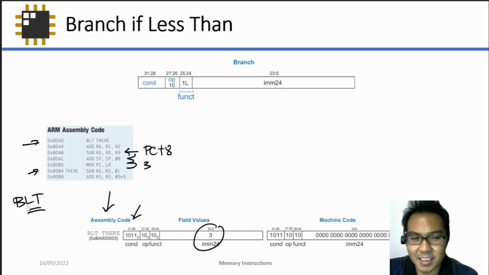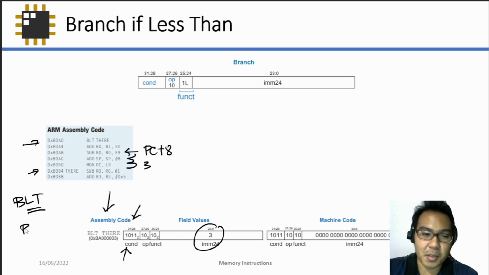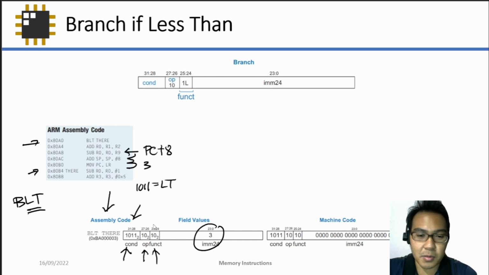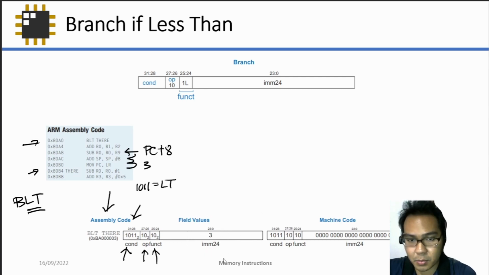The L here is connected to LT, which is the condition for the branch. What if it's branch and link if less than? Then that's BLLT. So condition is 1011, that's less than. Opcode 10, because it's a branch instruction. Funct is 10: bit 25 is always 1, bit 24 is 0 because it's not a branch and link. M24 is 3, we've already seen that. That's basically it for that one.